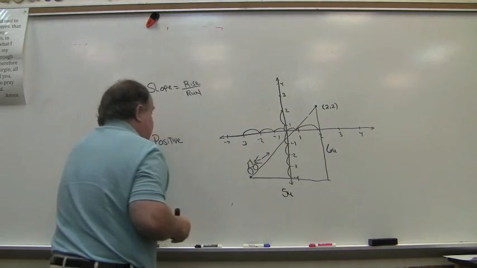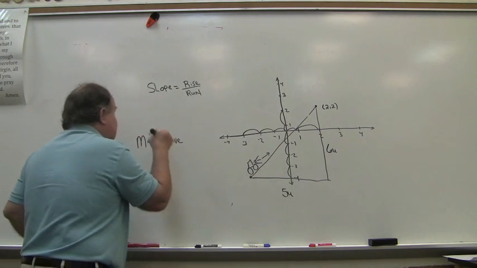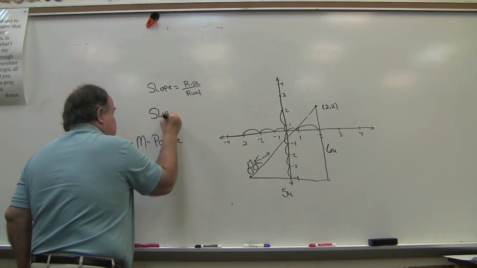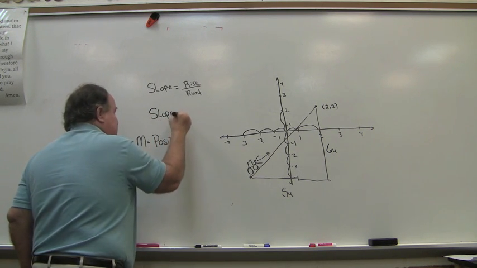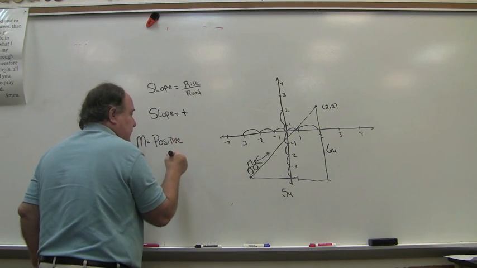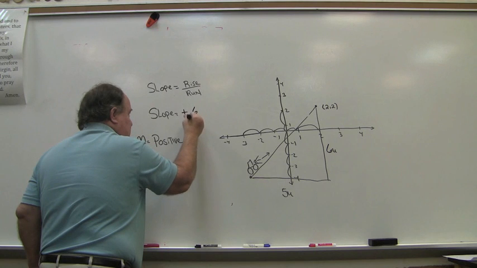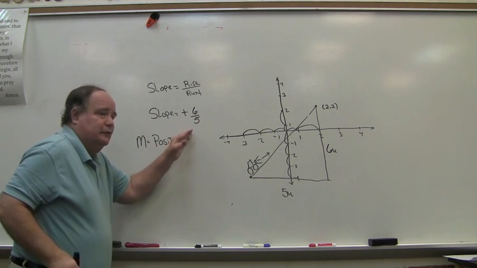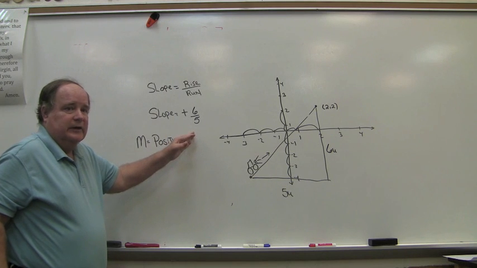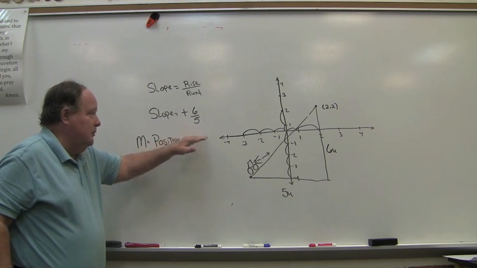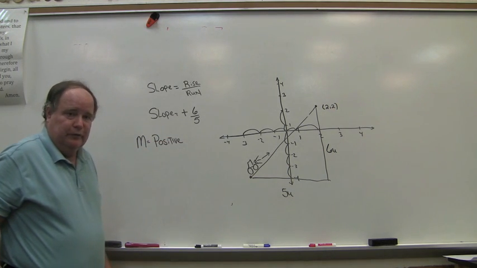So according to my slope formula, the slope of the line that I just put down there is going to equal, it's a positive, because we calculated that before, a positive, rise is 6 over 5. Now, normally you leave it as a fraction, and normally you check to see if you can reduce it. If you can, you use it in a reduced state. If not, you leave it the way it is. So the slope of this line is 6 over 5.